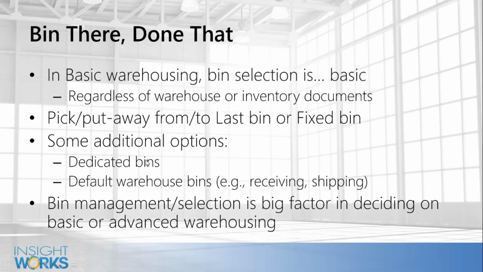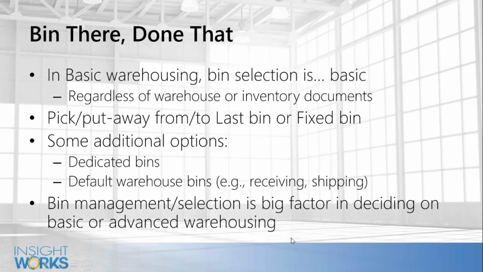But you can use that to prevent picking from specific bins if you wanted. So that is one way to prevent it. And then to move product out of those bins, you would do a movement, right? So in basic warehousing, a movement is typically a reclassification journal to move product from bin to bin. There is something called an inventory movement as well, but that's typically used as a pick more than just moving product from bin to bin.